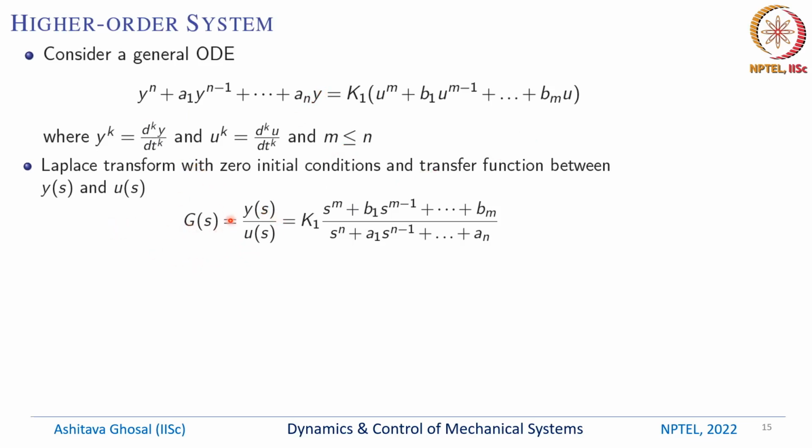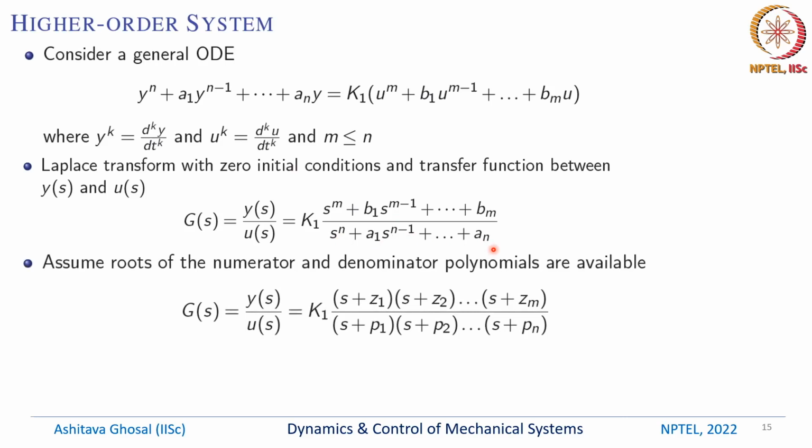So the transfer function g of s, which is y of s divided by u of s, can be written as k1 into a numerator polynomial, which is s to the power m plus b1 s to the power m minus 1 all the way till bm, and the denominator polynomial, which is s to the power n plus a1 s to the power n minus 1 all the way to an.